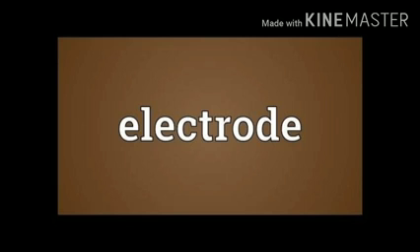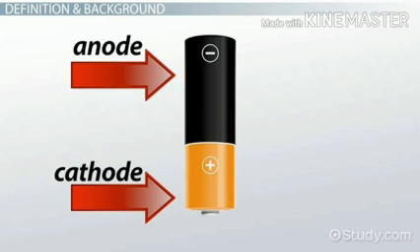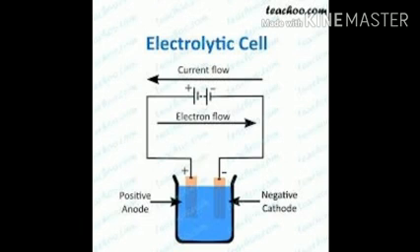They are of two types, anode and cathode. Anode refers to the negative terminal, whereas cathode refers to the positive terminal, through which the current may enter or leave. In the setup, you have also noticed that the electron flows from positive to negative terminal.